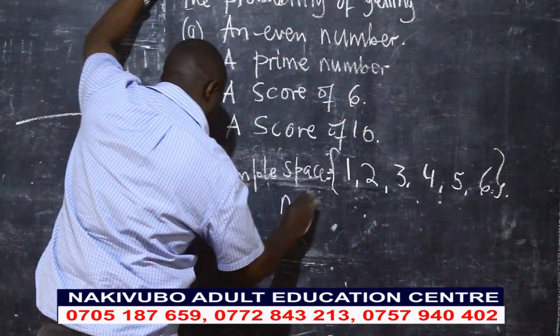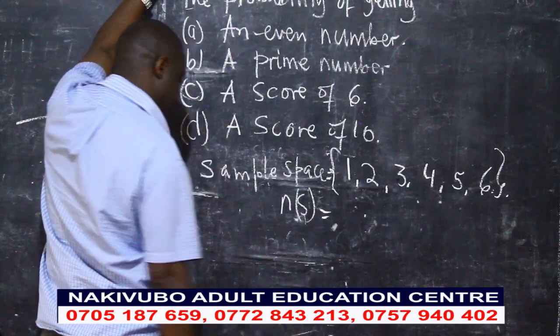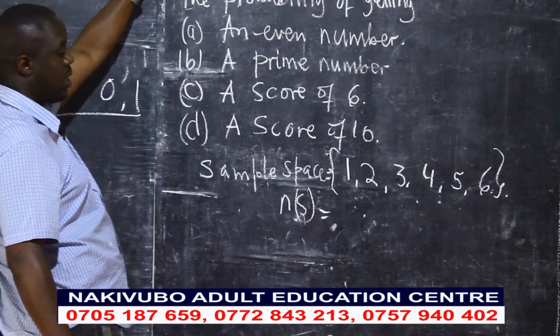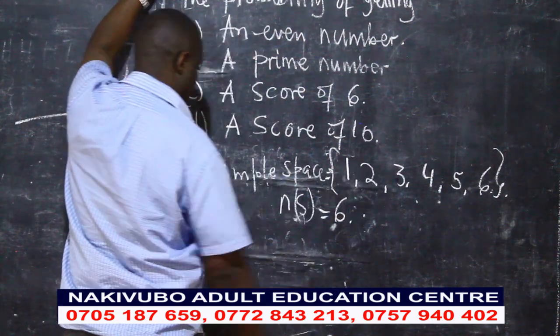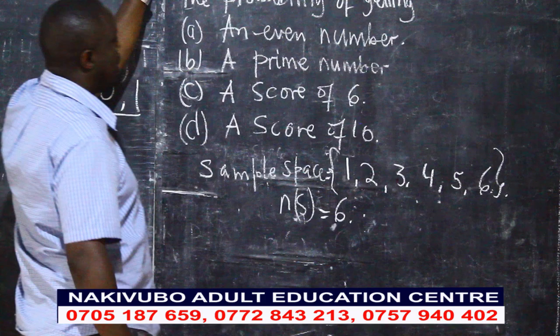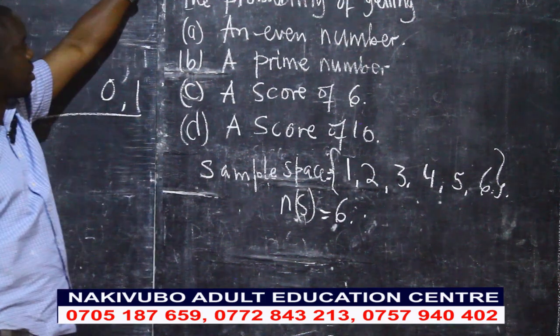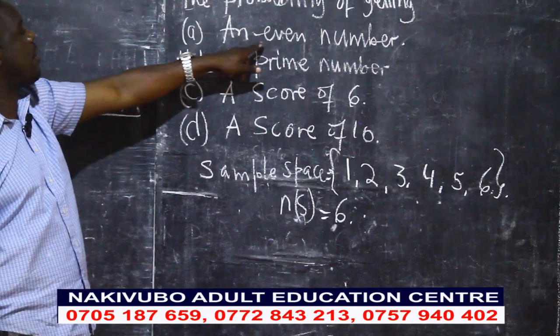So what about NS in this case? The number in the sample space. There are 6. Are we together? Now, can we begin answering the question? An even number.